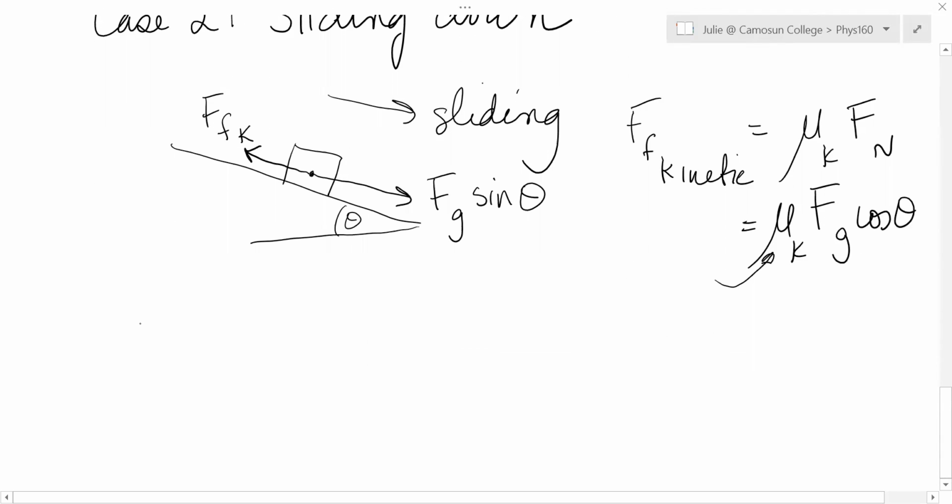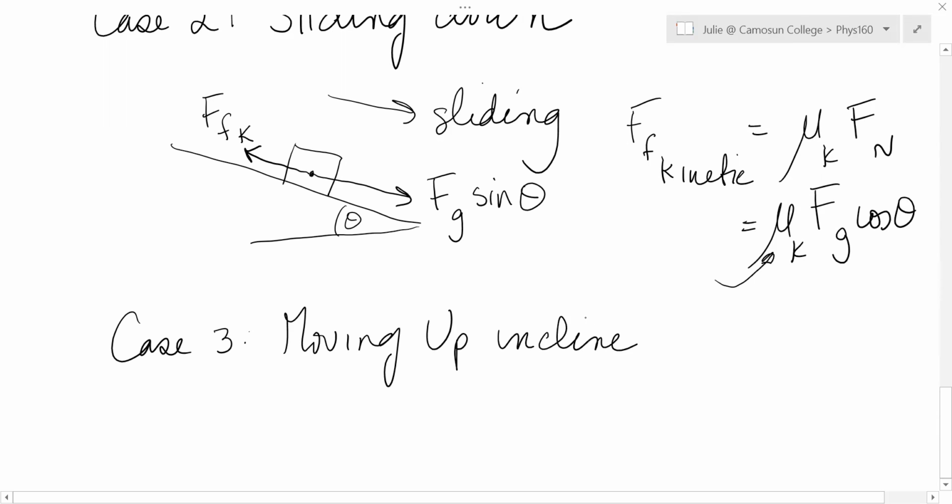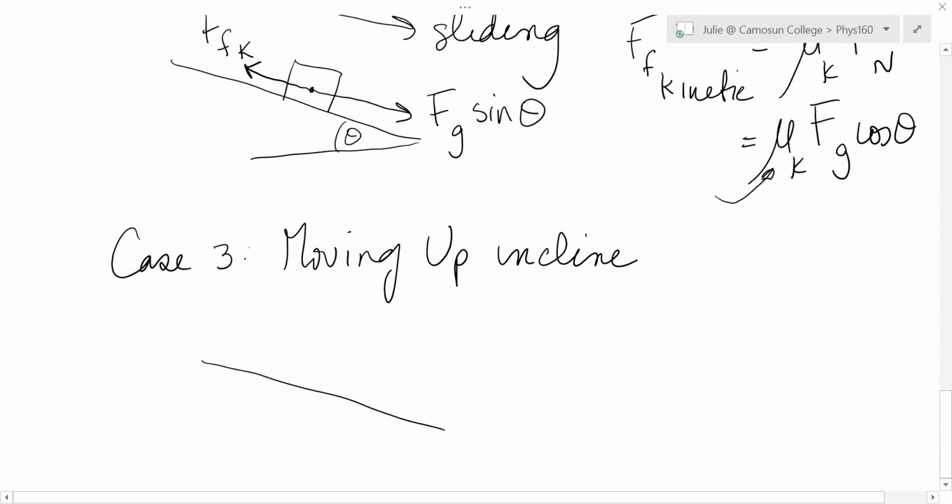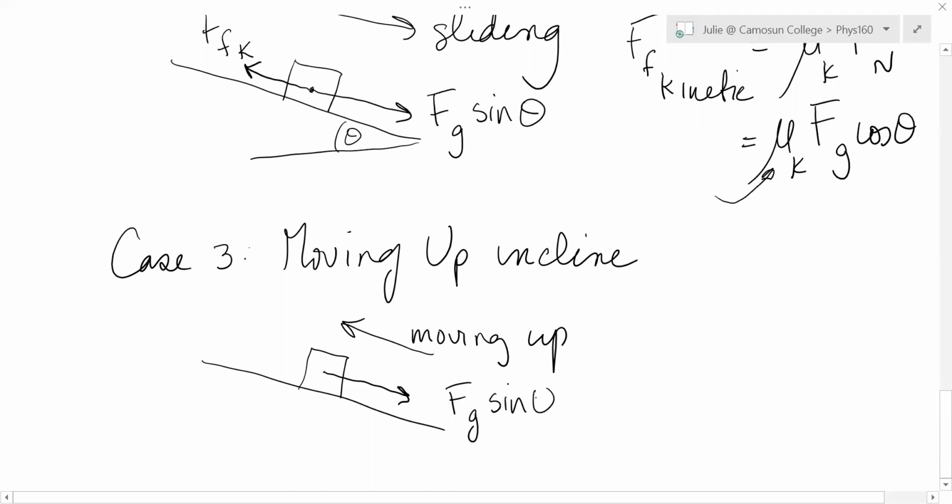Now case three, you may be pushing it up the incline. So this would be moving up incline. Now it could be because you're pushing it up, or it could be because you give it a little toss and it's just sliding up and then eventually it'll stop and come to rest. But if it is moving up, gravity is still down. Gravity never changes. Gravity is always Fg sine theta down the slope.